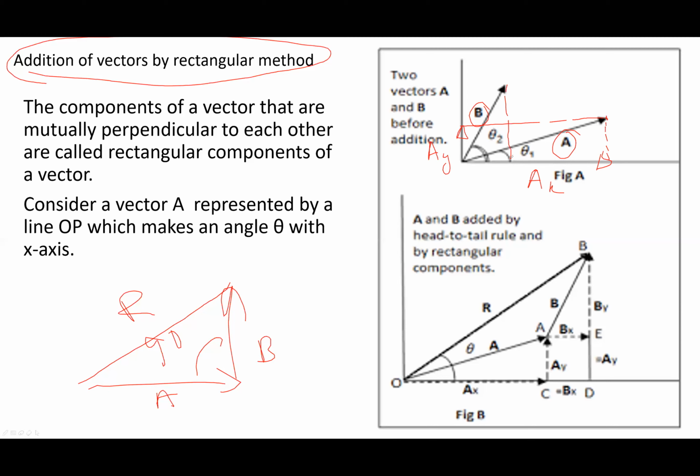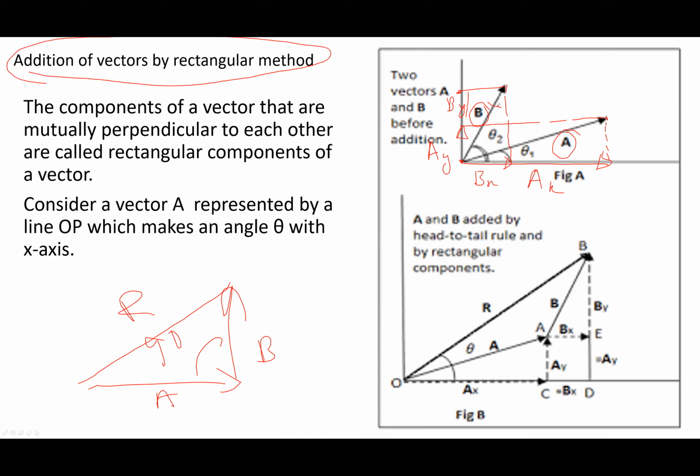Then draw a perpendicular. This is the horizontal component of vector B, and this is the vertical component of vector B. The vertical component of vector B is from O to this point, and this whole represents the horizontal component of vector A. Now, we do a simple calculation.